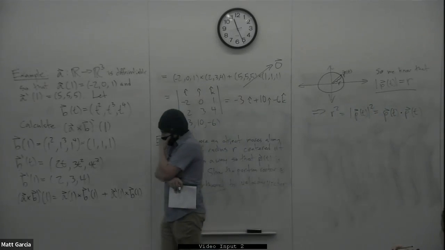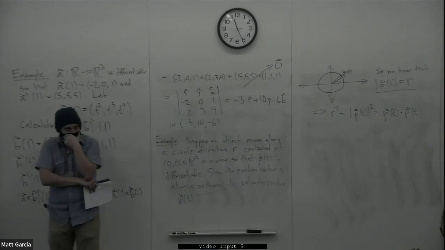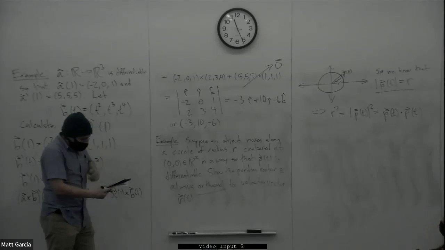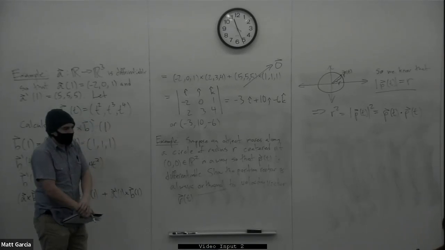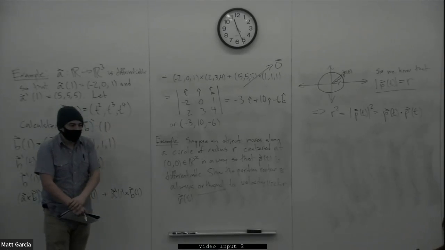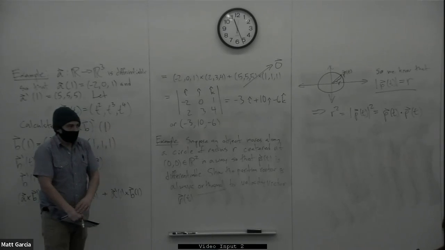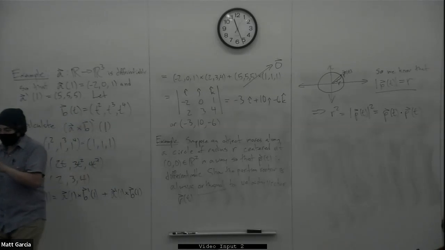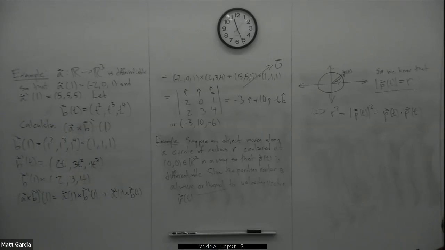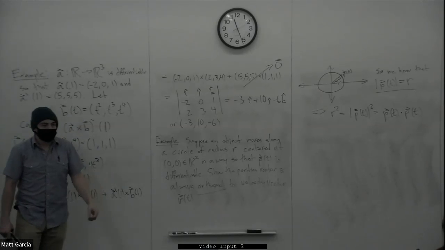Now, where do we go from here? Okay, maybe let me give you a hint of where we might be able to go. What's the relationship between position and velocity?